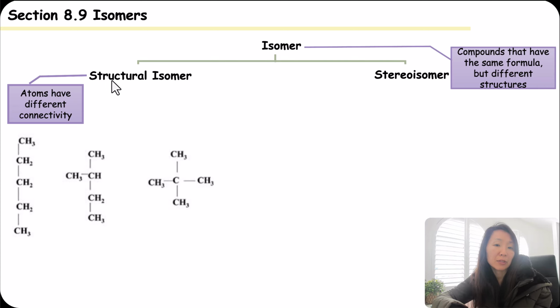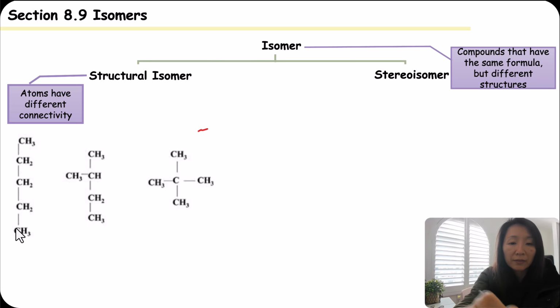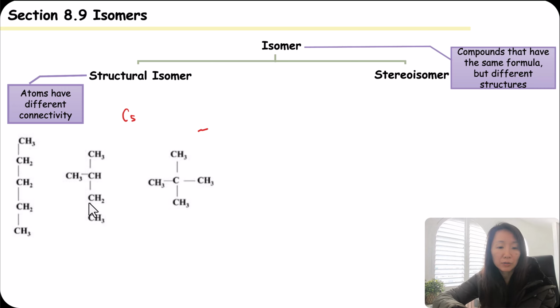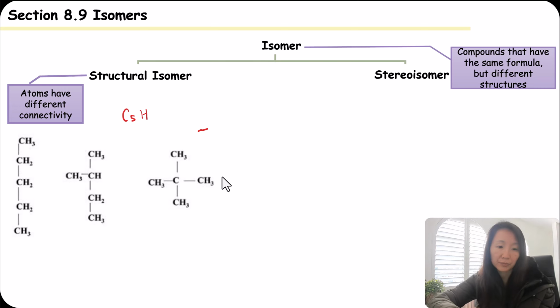Under structural isomers, you can see three potential examples. All of these have 5 carbons. So this is a C5. Over here, 1, 2, 3, 4, 5, right? And this also has 5. Now count the hydrogens. All of these will have 12 hydrogens.